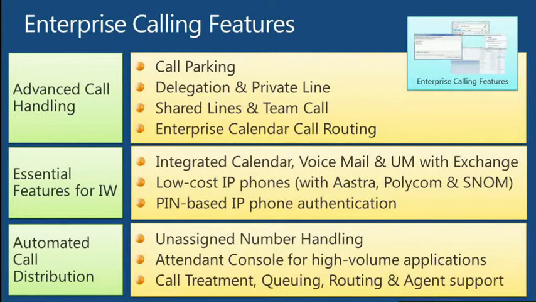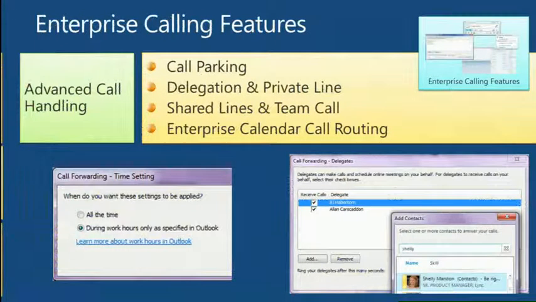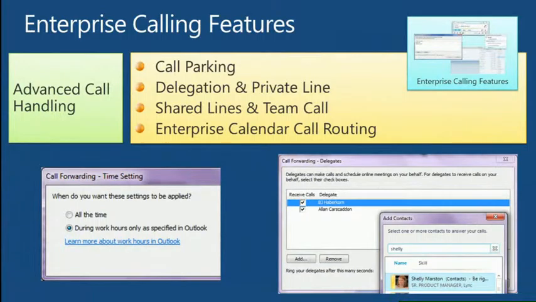This is a little bit more around the advanced call handling things that you're going to see typically in an enterprise, especially around how I move calls around between multiple users, being able to do shared line appearance, being able to do delegation and making calls on behalf of others in my organization, being able to have really great IP phone experiences, and then also to be able to set up automatic call distribution around my environment. So as we go through these, Lync's got a ton of facility here.